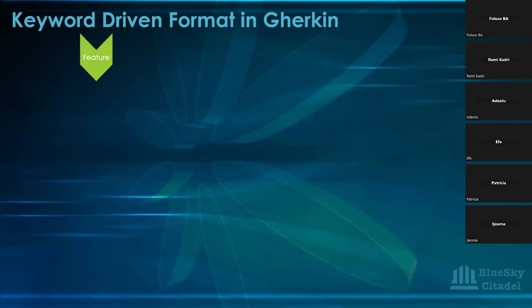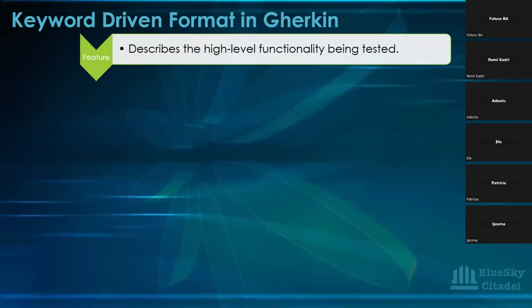So the keyword-driven format in Gherkin, like I said, is plain language. So what is the feature? The feature keyword is used to introduce a feature or functionality that you want to describe. It provides a high-level description of the feature that you're testing. Think of this feature as when you're on your Azure board and you want to write the title of your PBI.